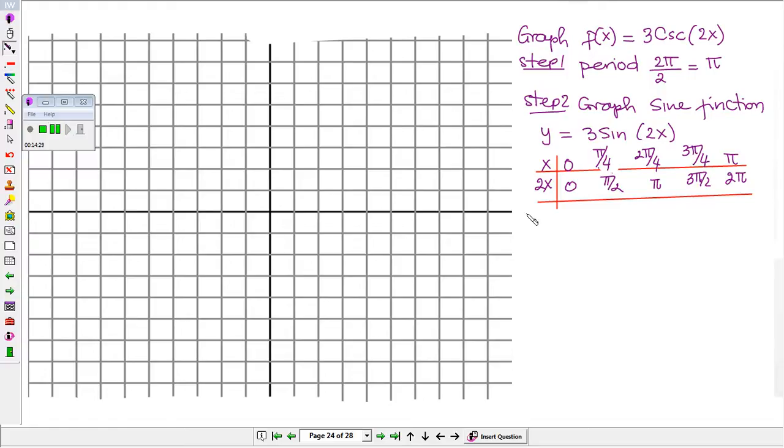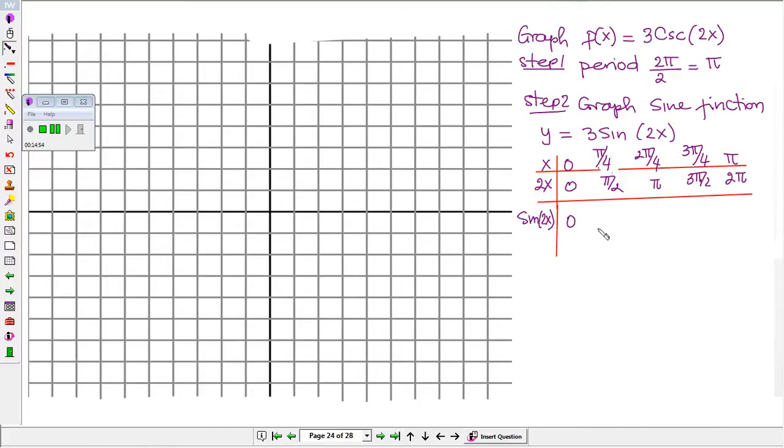Now we will find sine of 2x. These are just the 5 special angles on our unit circle.